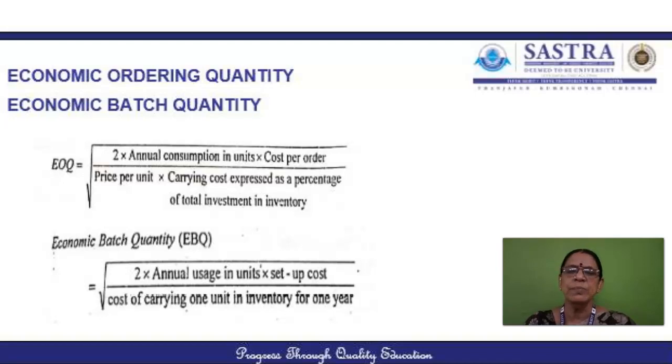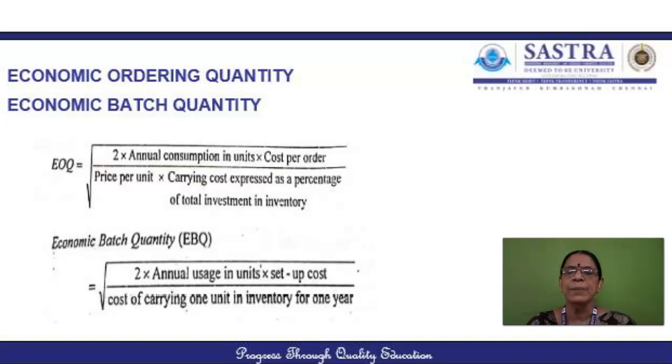Sometimes a question may arise as to whether it is desirable to order more than the EOQ to obtain the benefit of bulk discounts. If so, the total ordering cost will come down, but the carrying cost will go up.